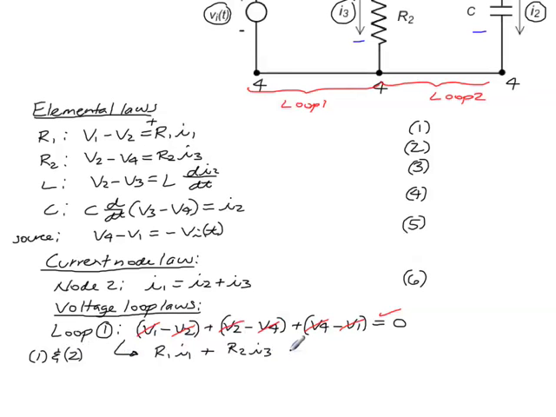And V4 minus V1, that's minus our input voltage VI. Then from this equation I'm going to enforce our current node law, equation 6. So that's I1 is equal to I2 plus I3.